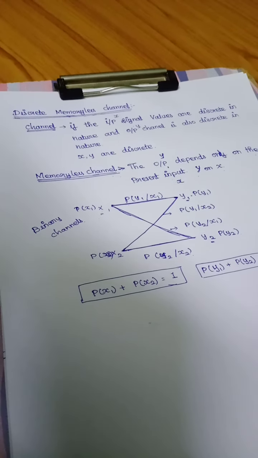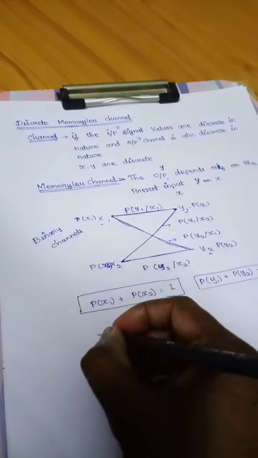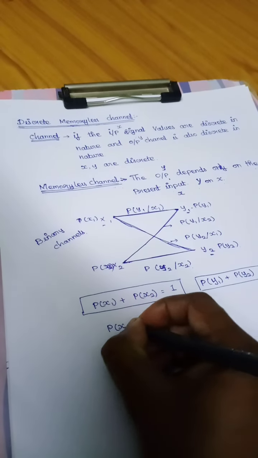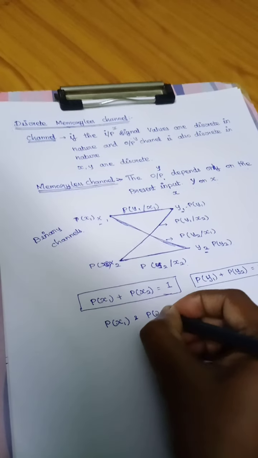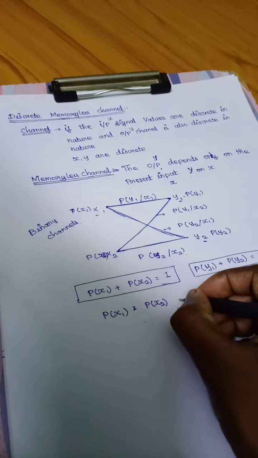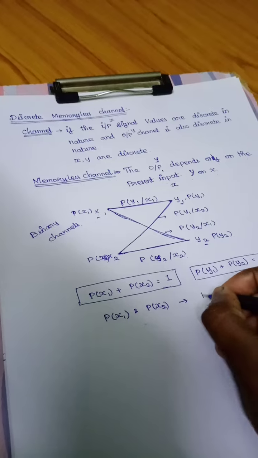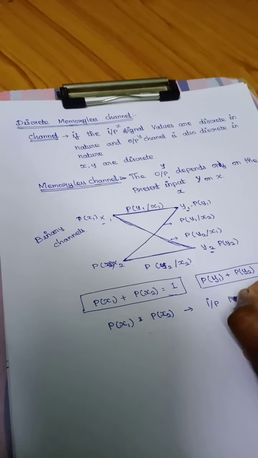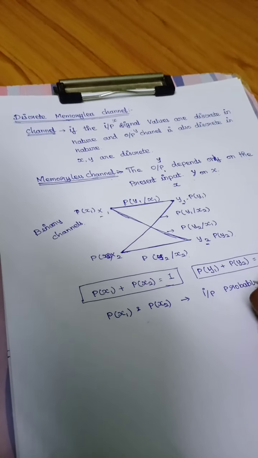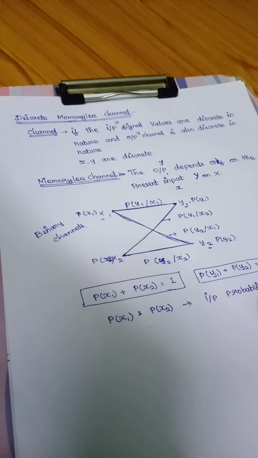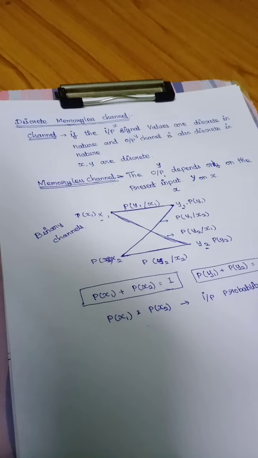Then probability of X1 and probability of X2, these are the input probabilities. That is transmitting.